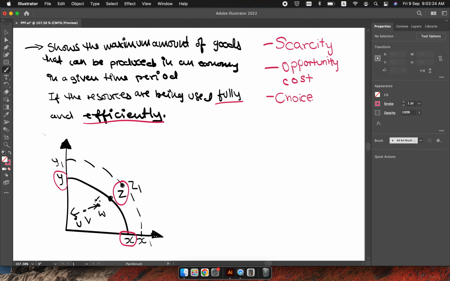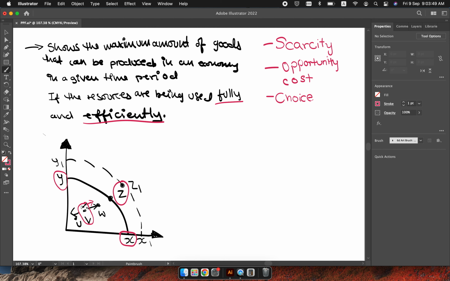But most economies are often somewhere under the curve. And if, for example, our economy is at point V, and there is a technological advancement in the production sector, then it would move to point W, and this is known as economic growth.